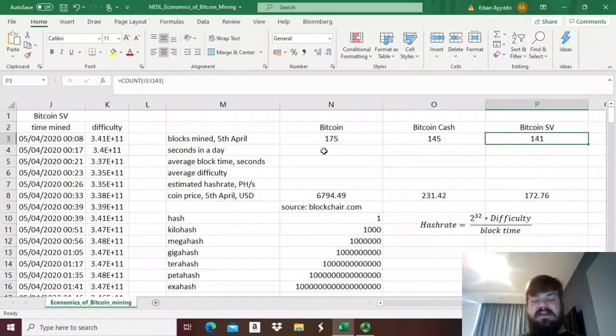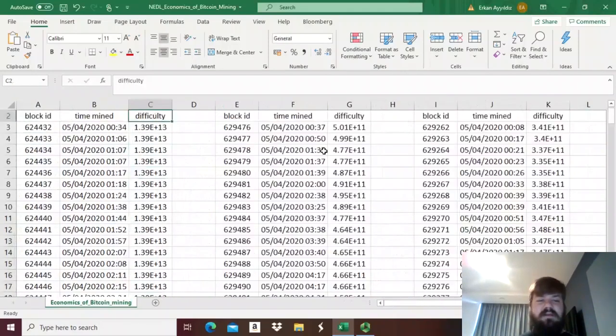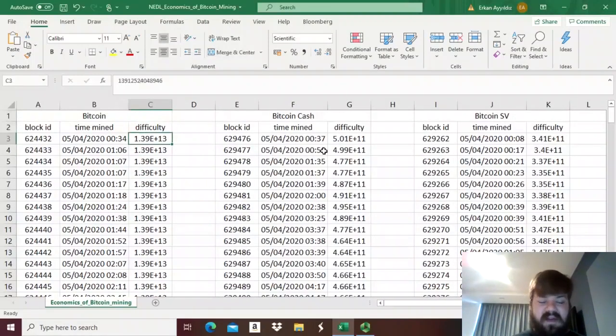And we can attribute that to a number of various factors. We can see that the difficulty for Bitcoin does not change within our day, within the 5th of April, while the difficulty for Bitcoin Cash and Bitcoin SV changes with every single block. That is what is different in the technological solutions of those two blockchains.